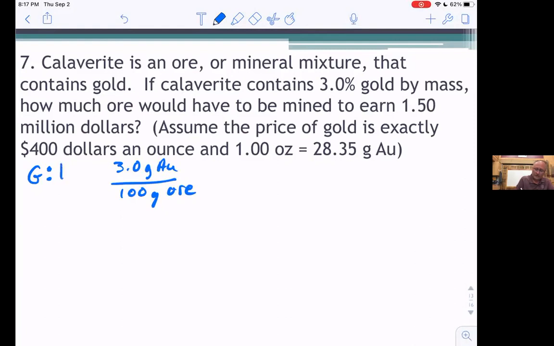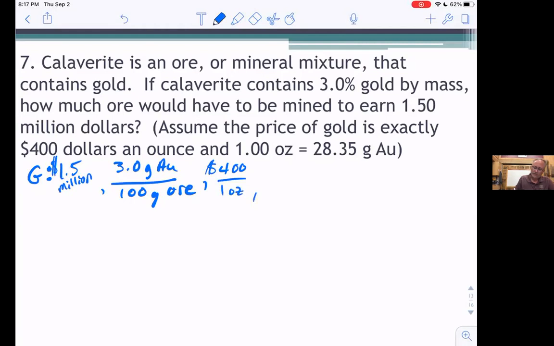So my given here is going to be the $1.5 million. Kind of sloppy there. $1.5 million is actually our starting point. They're giving us this conversion factor that I wrote down to kind of show you. And then they're also giving you 2 other conversion factors. I'm going to list them here, but you don't always have to do this. They also tell you that it's $400 for every ounce.